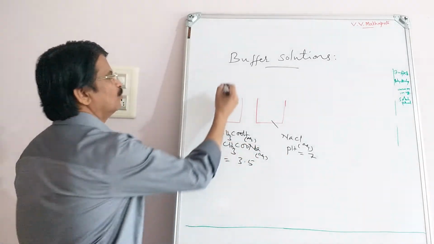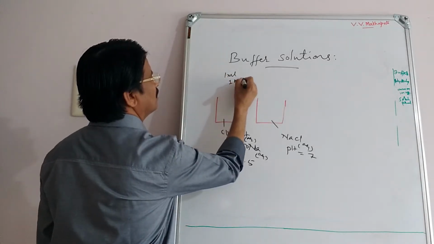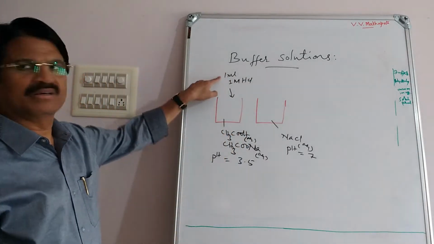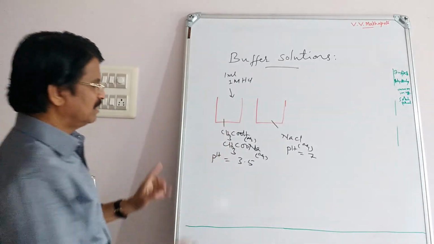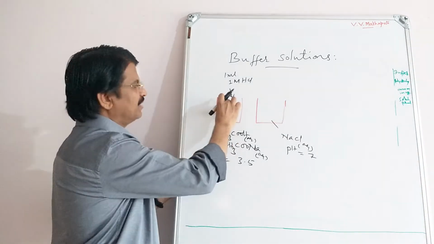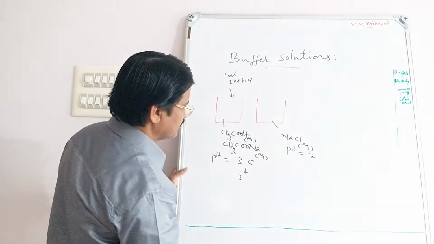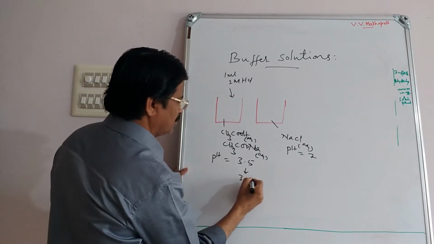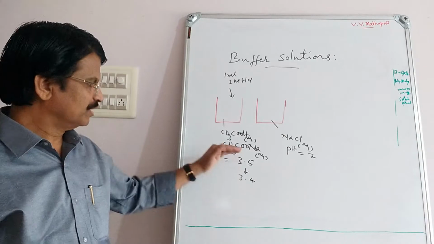So when you add just 1 ml of 1 molar HCl to the first beaker, stir it well and find the pH value, it is found to be 3.4. A slight change occurs, 3.5 to 3.4.